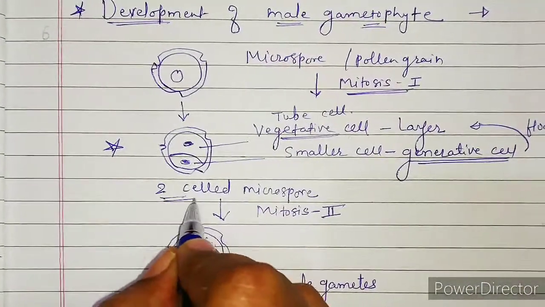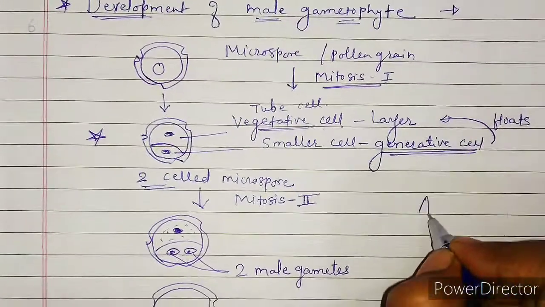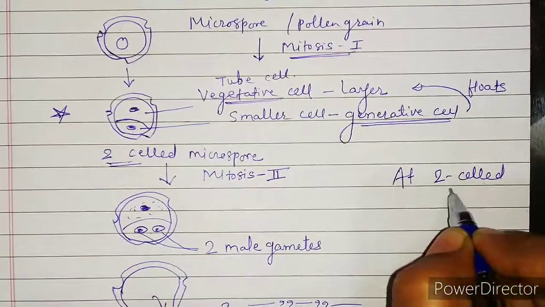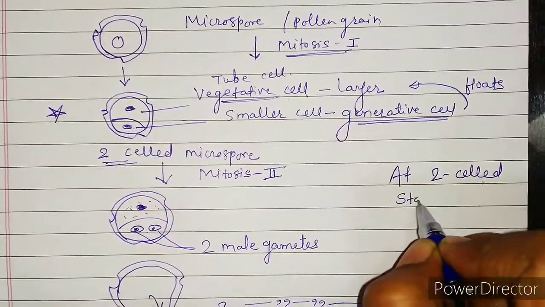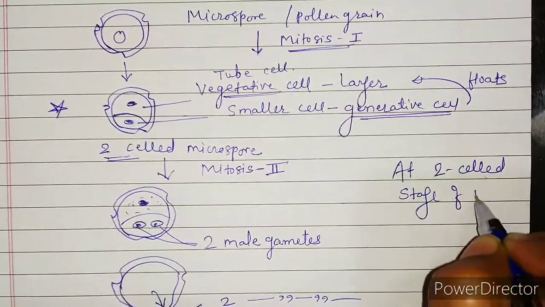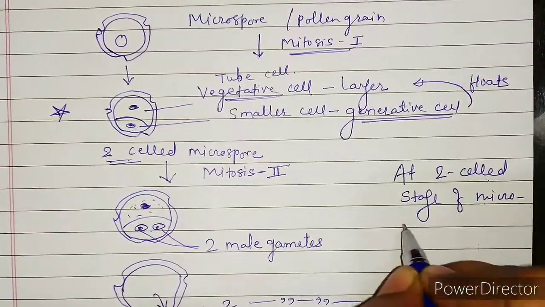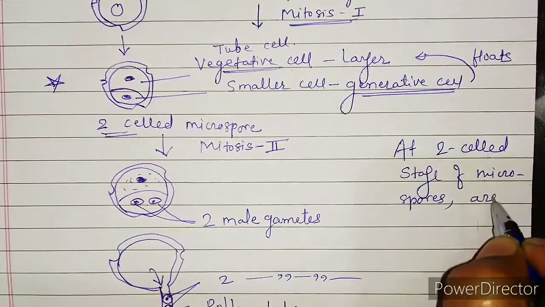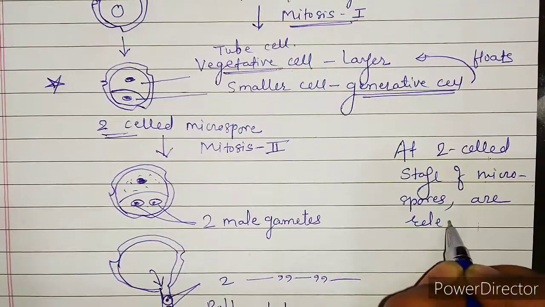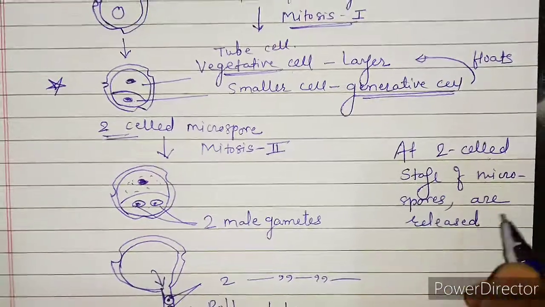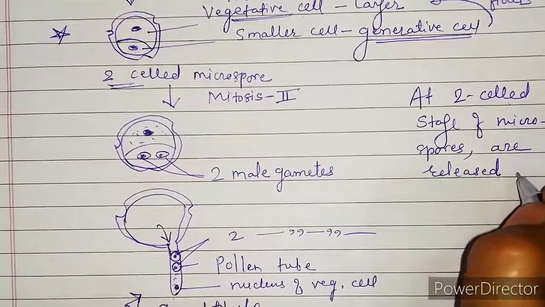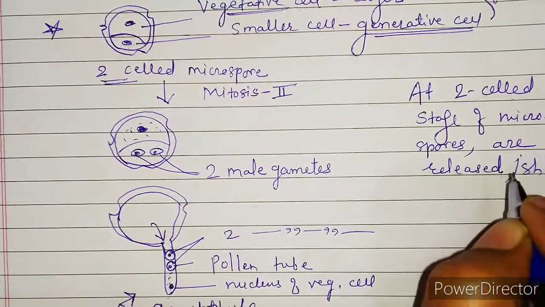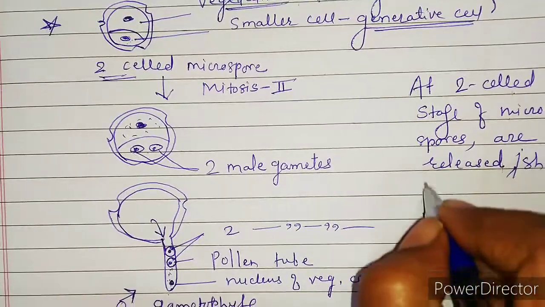Generally, at the two-celled stage of microspore, they are released or shed from the anther.